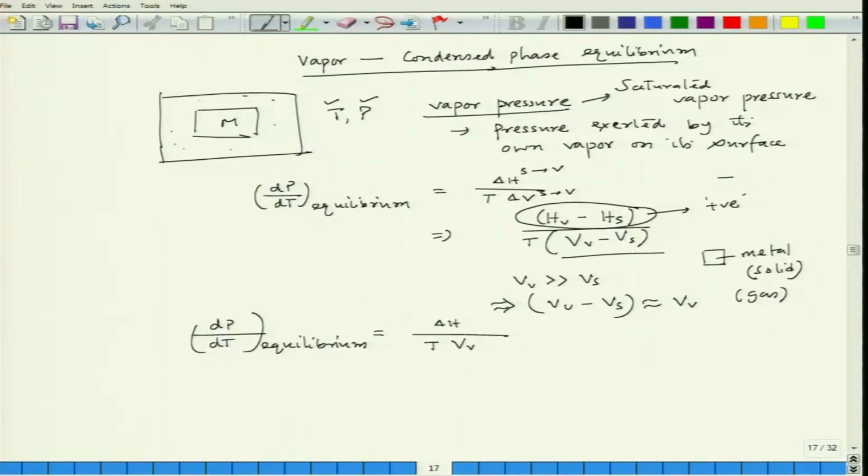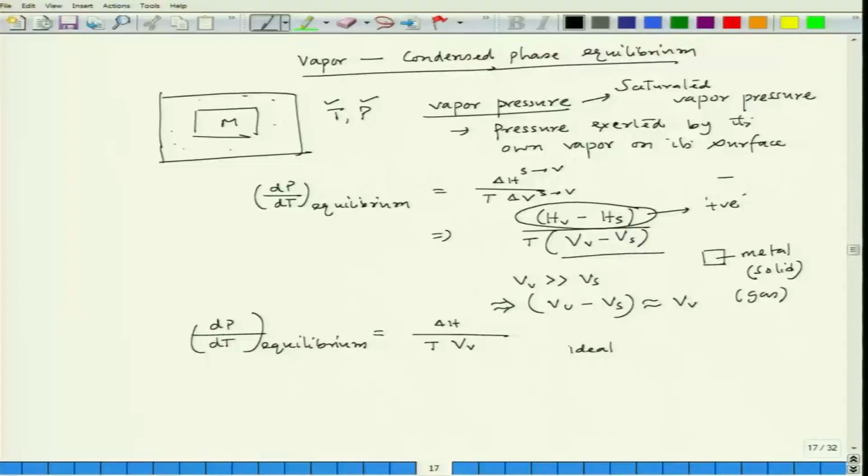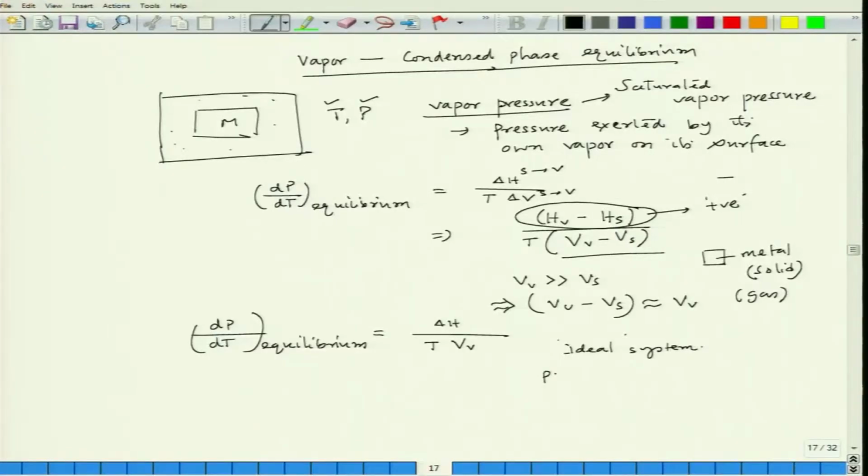Now, if I consider that the vapor is acting as an ideal system, meaning that interactions between its own molecules or atoms are negligible, then I can also get help from this equation, which is the gas law.